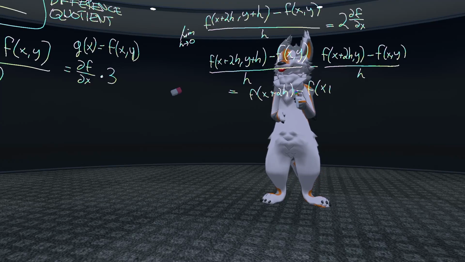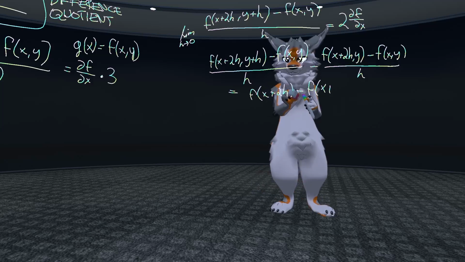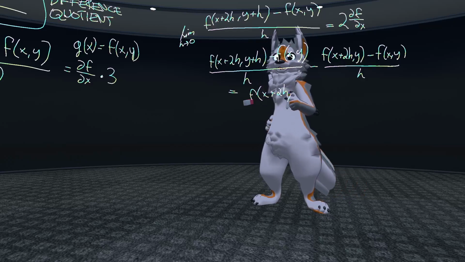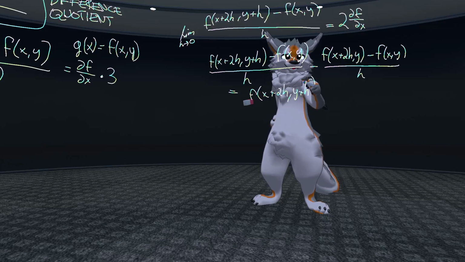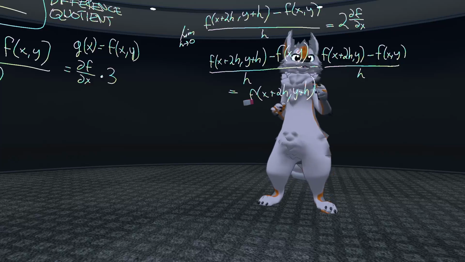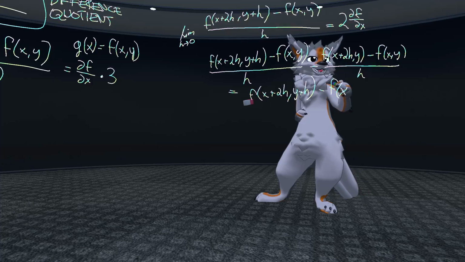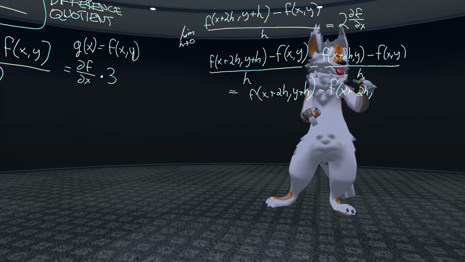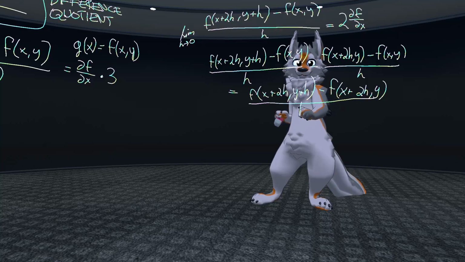Sorry, I'm missing some stuff here. Let's be careful. Okay, so x plus 2h, and then y plus h is the second input. Don't forget about the second input. And then minus f of x plus 2h, comma y, just like that, okay?